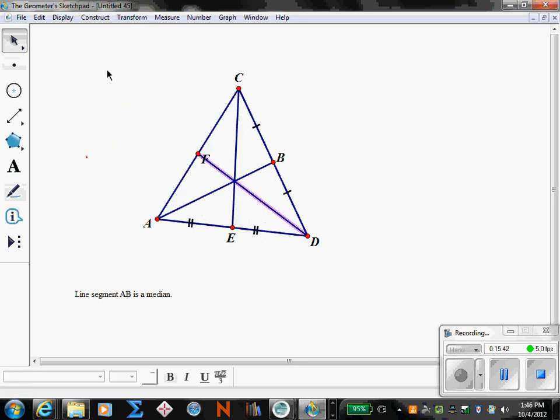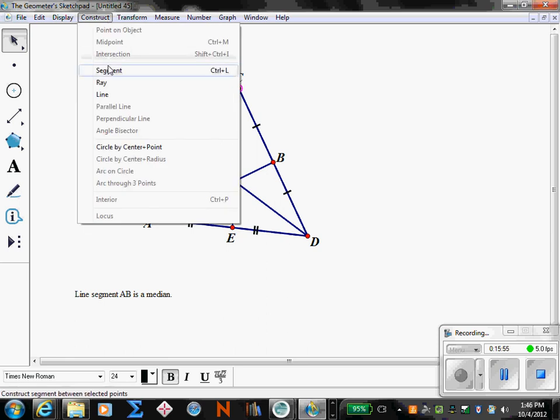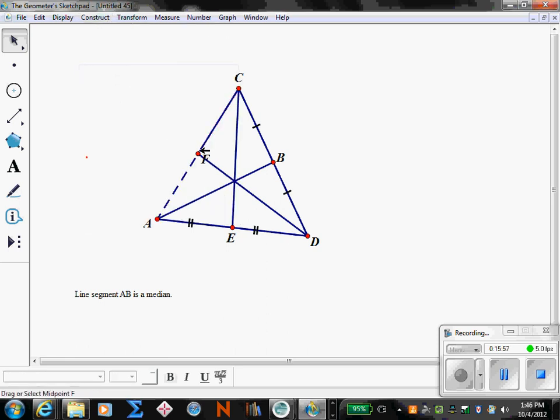You should notice something very coincidental about those three medians, which we're going to talk about later in this chapter. So I'll go ahead and construct these smaller segments, and we can finish up our drawing.